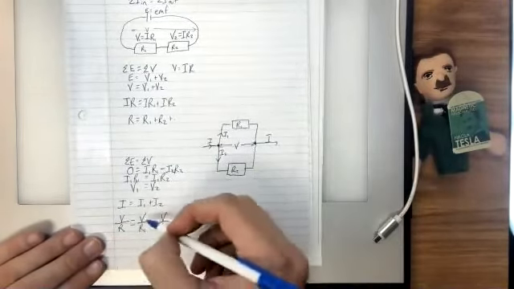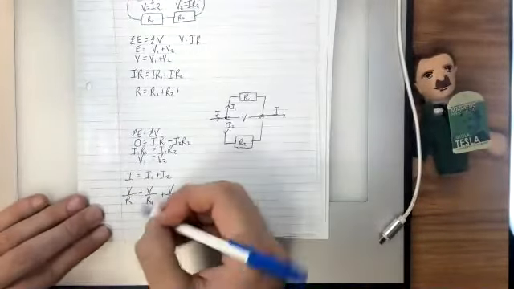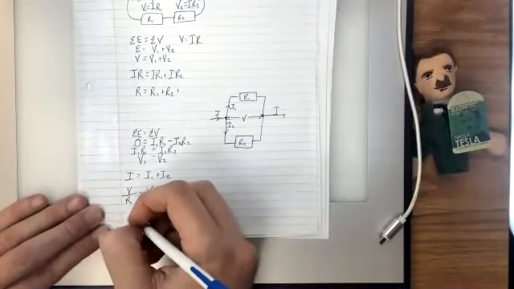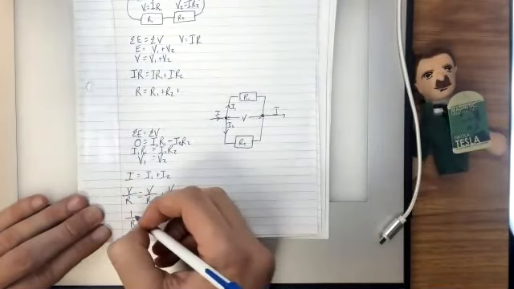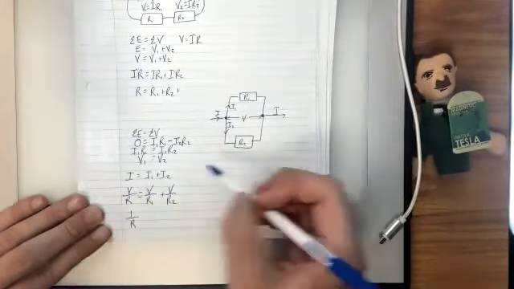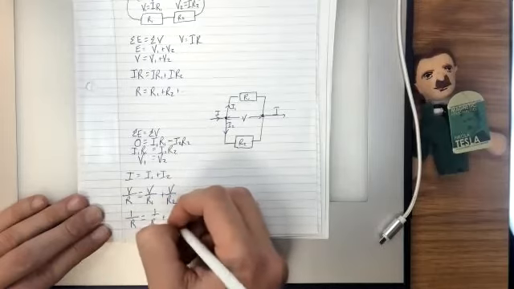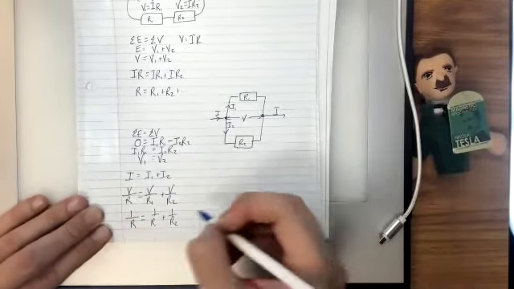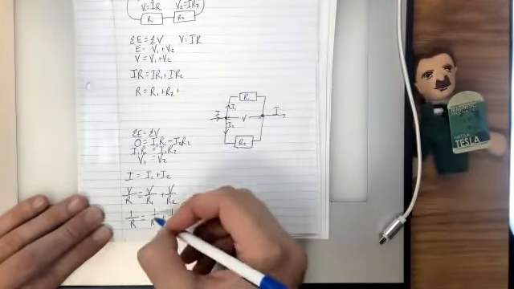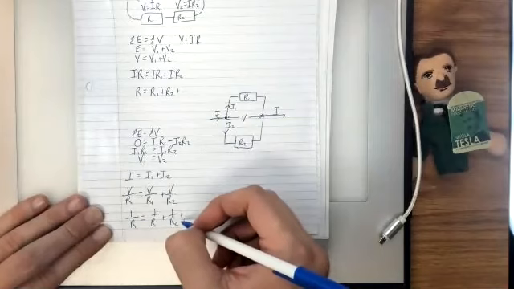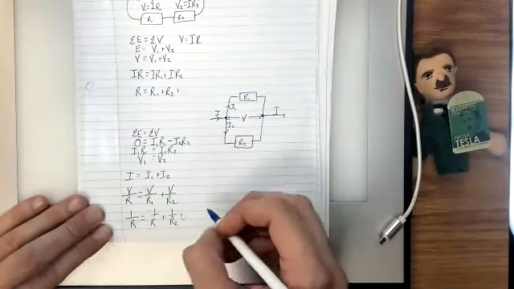And again, because voltage is the same everywhere, we can divide by V, or factor out that common V, and we get this expression that 1 over R, the resistance of the entire circuit, is equal to 1 over R1 plus 1 over R2. And again, we could add as many resistors as we wanted in parallel. We sum the reciprocal resistances to equal the reciprocal of the circuit resistance for a parallel circuit.